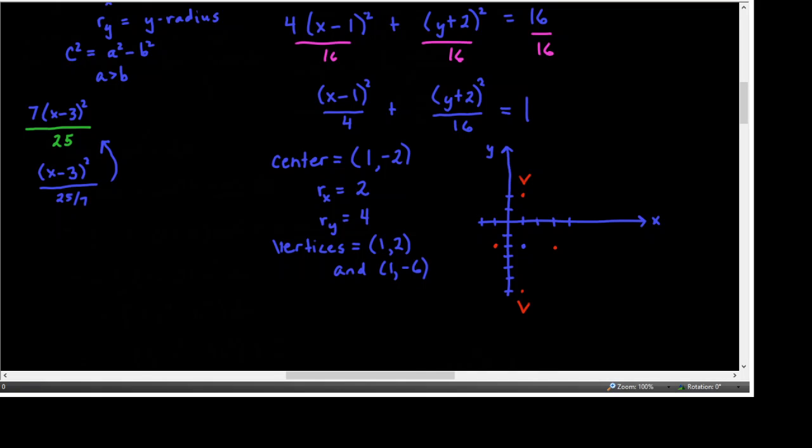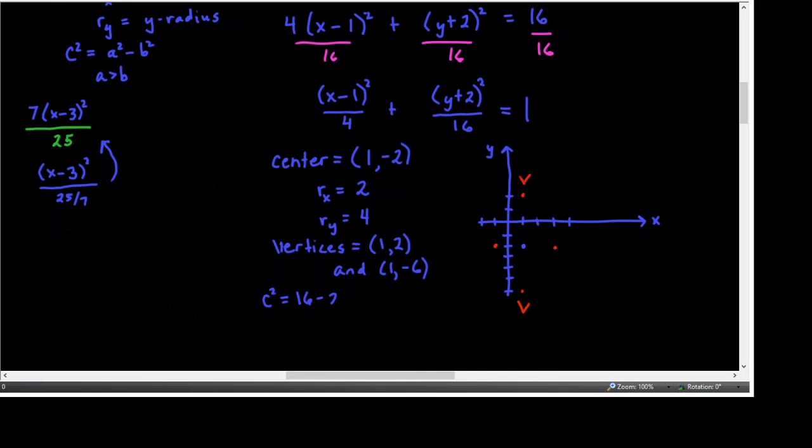Okay, so that's pretty easy to do. Okay, the foci are c away from the center. So I'm going to use the equation c squared equals a squared minus b squared. A is the bigger one, so 4 squared minus 2 squared.